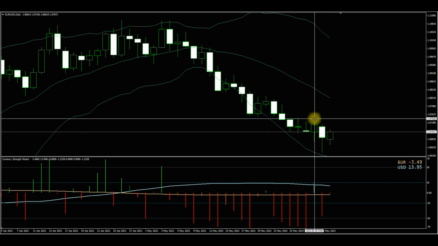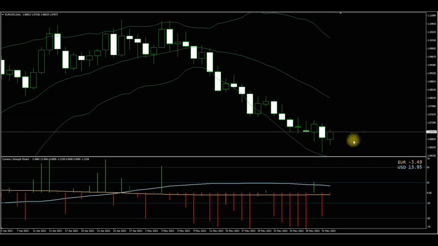Here, you can enter with a new sell trade, and possibly here, you will be able to enter with a new sell trade again. So using currencies trends wizard with the Bollinger Band is very, very helpful and convenient, and I highly recommend using Bollinger Bands in conjunction with the currencies trends wizard, especially in case of trading on higher time frames.